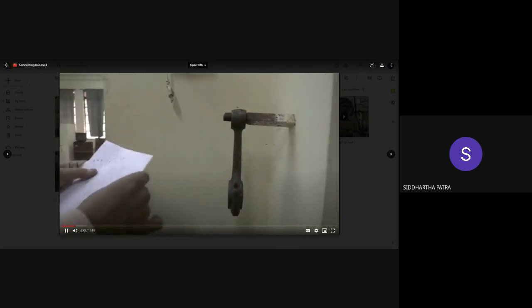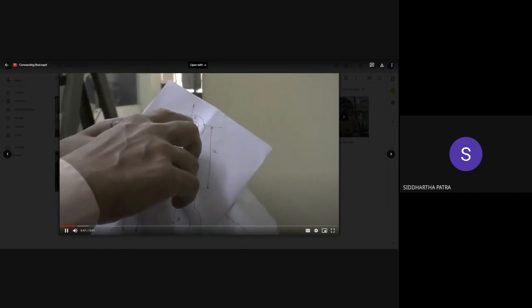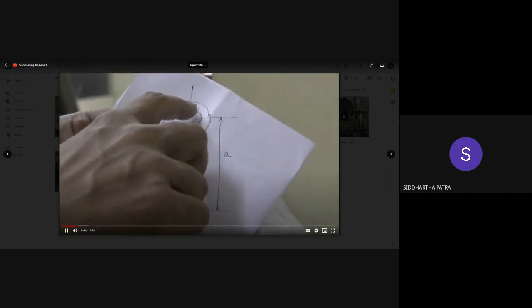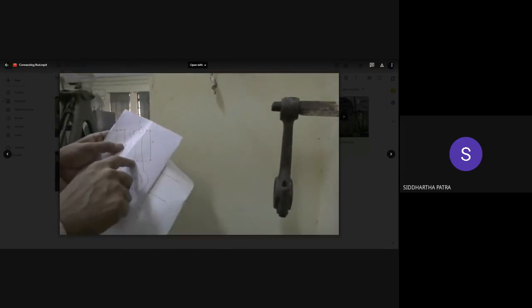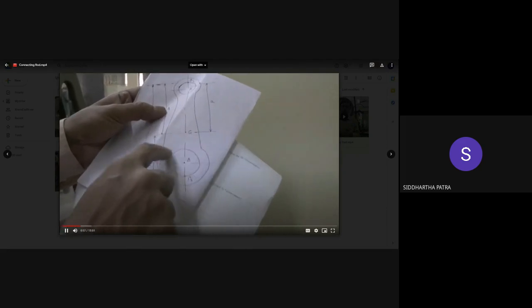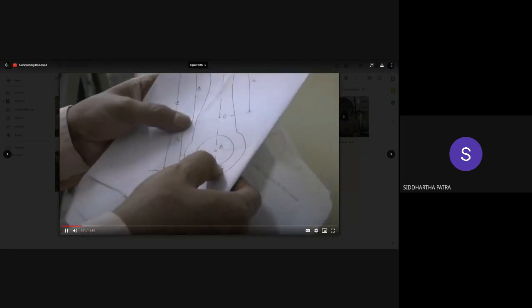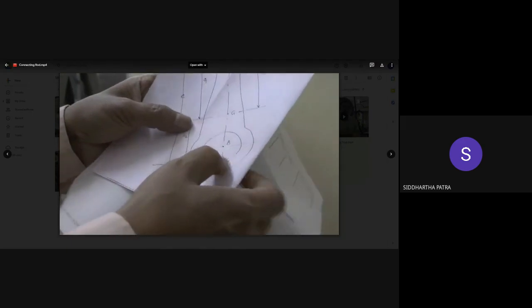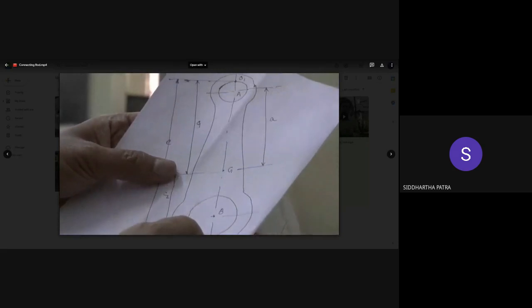Now you can check the drawing. This point is O1, which will be required for your calculations. This is O1 and the center of the small end is A. The center of mass is G and the center of this big hole is B, and the point where we will suspend the connecting rod is O2.